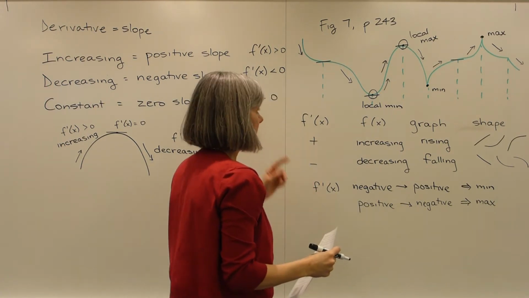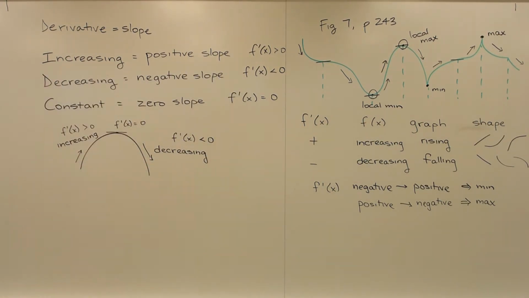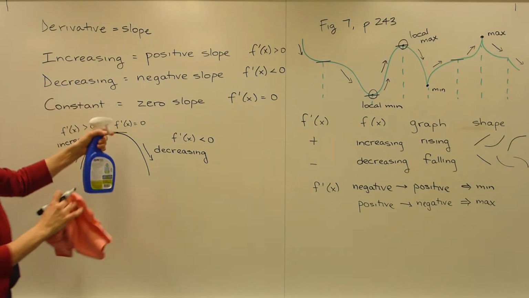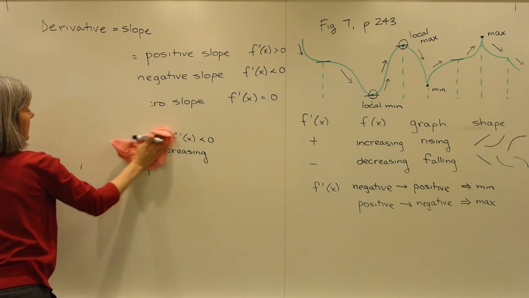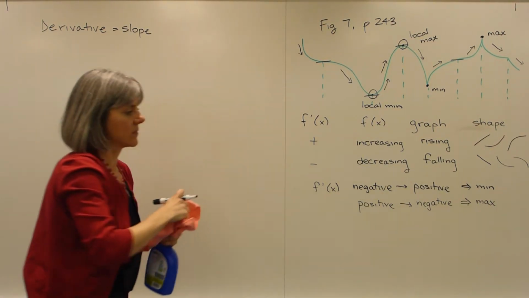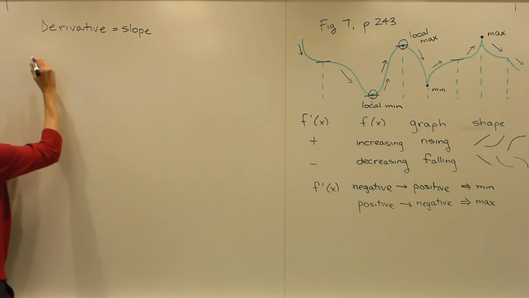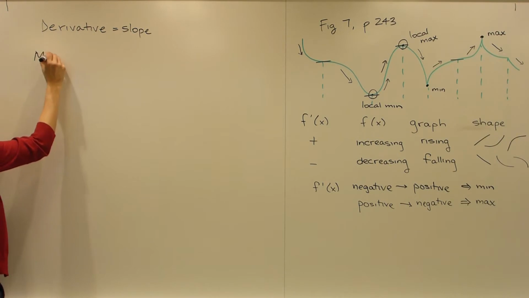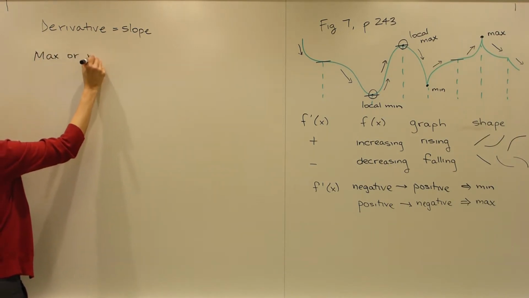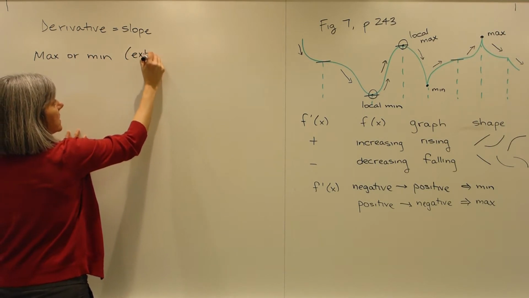What do we know? We know that to have a max or a min, and the general word we use for that is extremum.